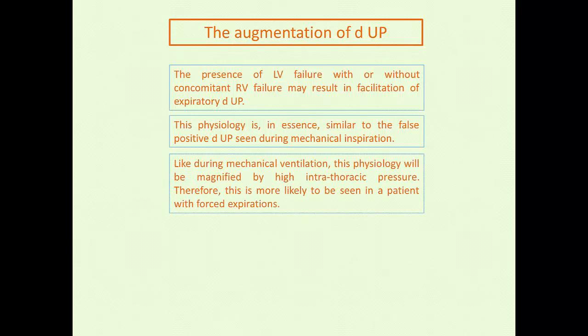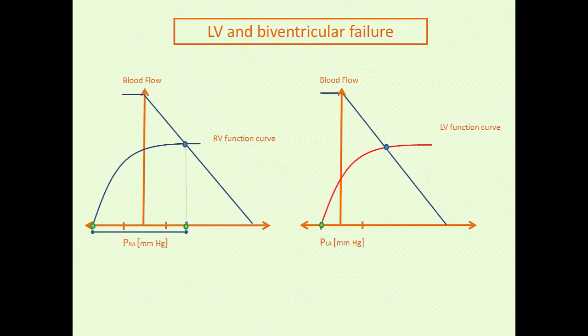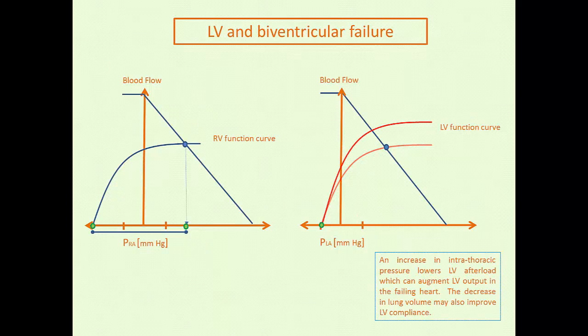Like during mechanical ventilation, this physiology will be magnified by high intrathoracic pressures, and therefore it's more likely to be seen in patients with forced expirations, where they're increasing their intrathoracic pressure to a high degree. So this is a patient with biventricular failure who clearly is volume not responsive. They're operating on the plateau portions of both ventricles, so giving them fluid would not be beneficial.